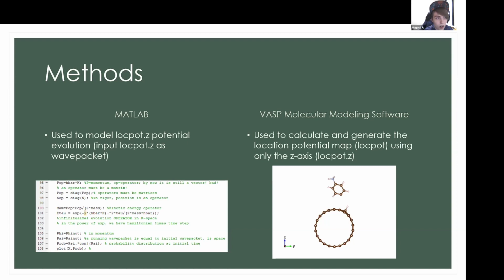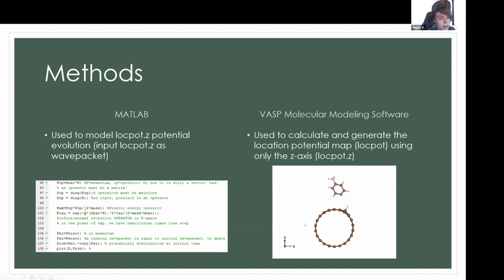So for starting methods, just as a background for what software I used, it was MATLAB, which was using the evolution operator, basically evolving my wave packet as time went on. With VASP, I was using that to model the system that I'm talking about, which is the transition state between aniline and a p-doped CNT.